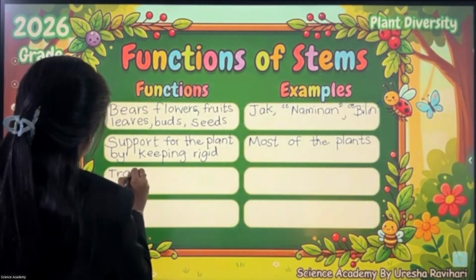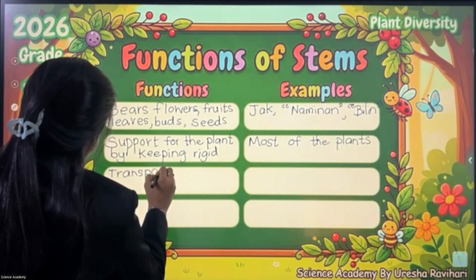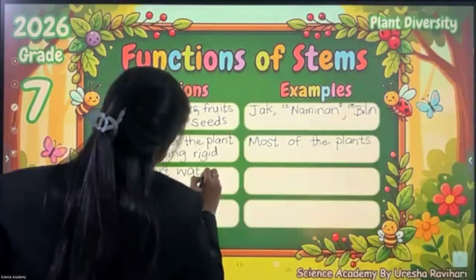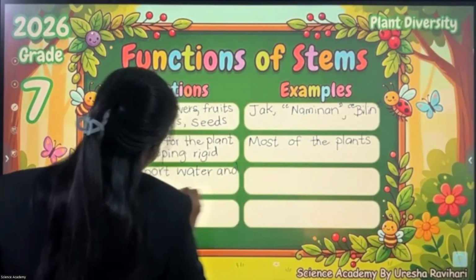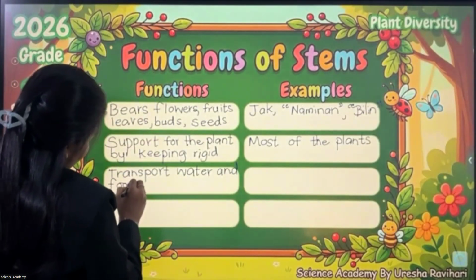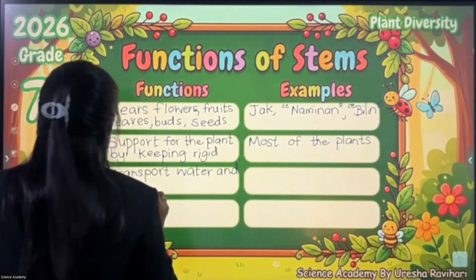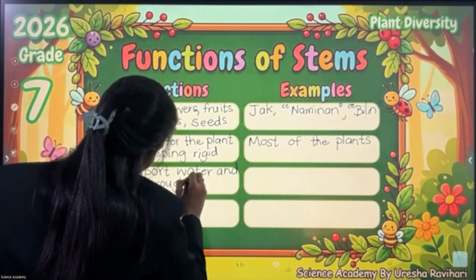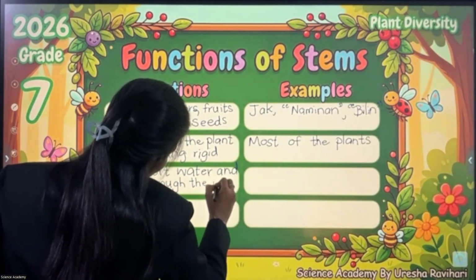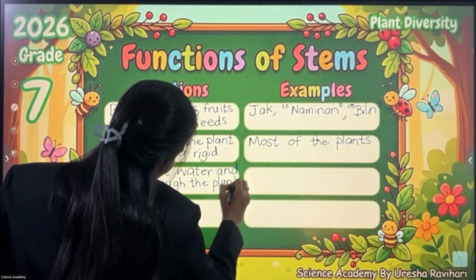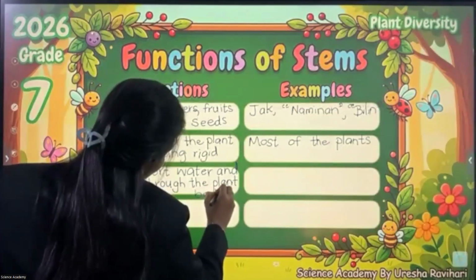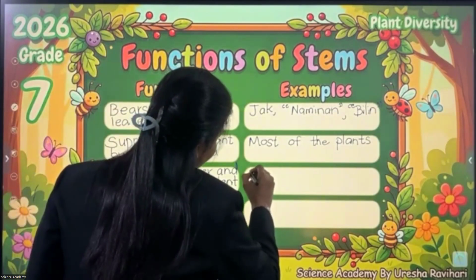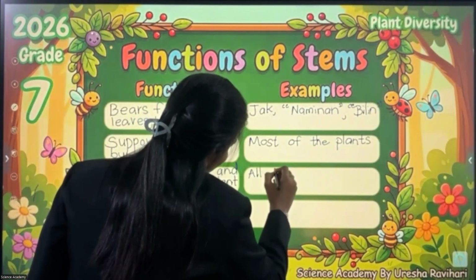Transport water and food through the plant body. We can write down all plants.